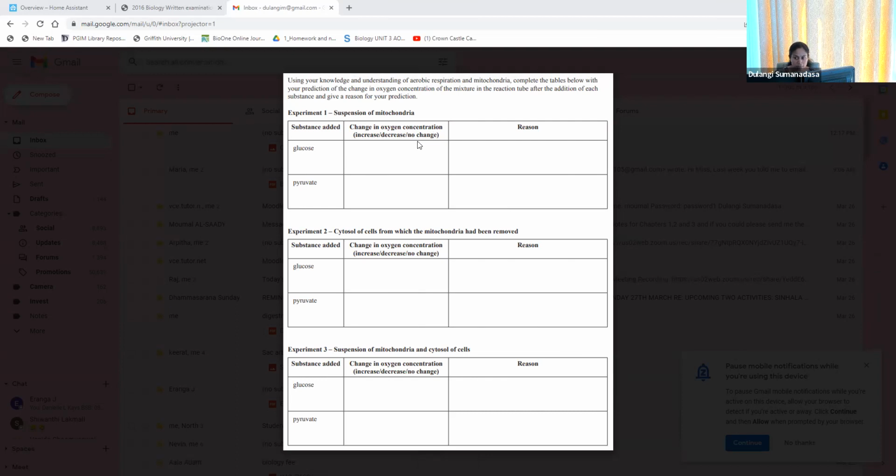You don't have to use increase, because cellular respiration never ever produces oxygen. So write it down for every single stage, whether the oxygen is going to decrease or have no change. And whatever the answer, you need to give the reason.